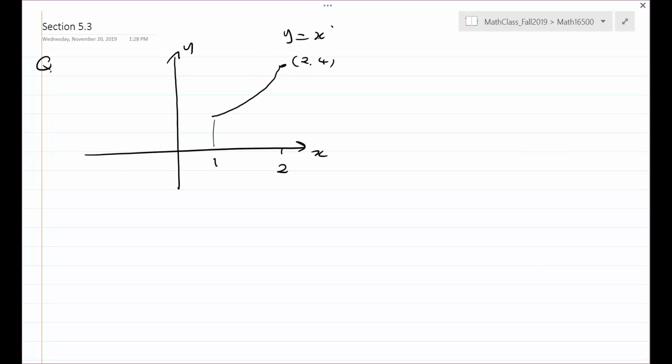So y equals x squared. So the curve is y equals x squared, and this is the whole region we're going to use.